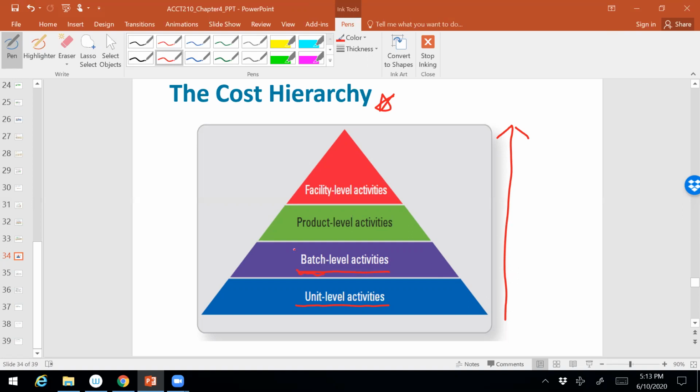And then the next level is product level. So all these activities are related with one specific product. And then the last level is the facility level. My bad, there are 4 levels. I think I said 5 levels. Sorry about that. There are 4 levels and there are 6 activities, right? So 4 levels. Let's look at each level in detail.